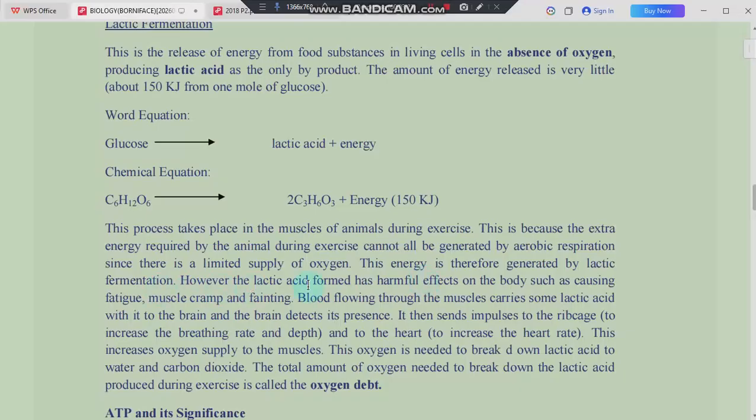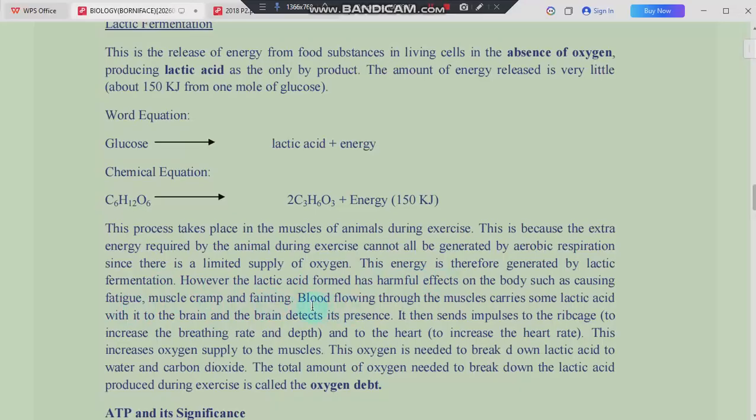However, the lactic acid that is formed has some harmful effects on the body, such as causing the person to have fatigue. Apart from fatigue, the person can also experience muscle cramps, and worse still, the person can even faint. That is when there is a high supply of lactic acid in our muscles.